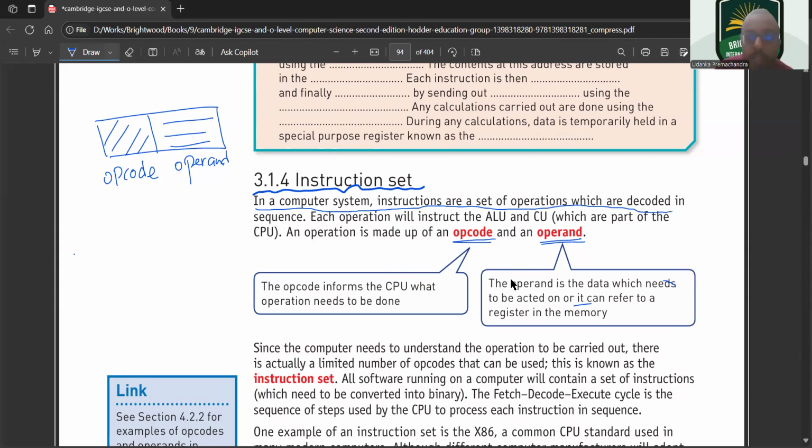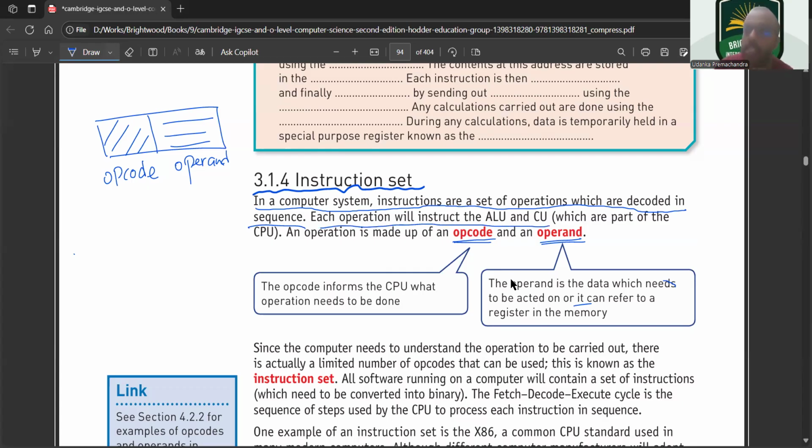So a computer system has a set of operations which are decoded in the sequence. Each operation will instruct the ALU and CU.